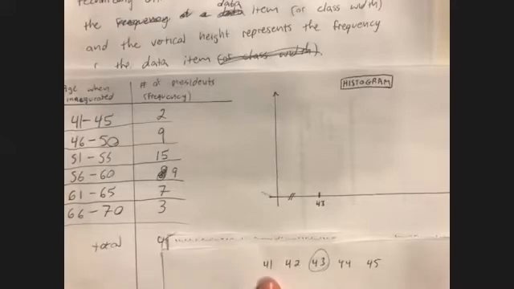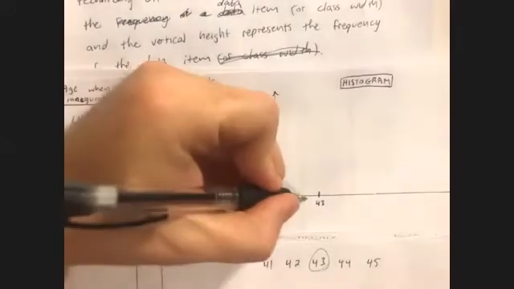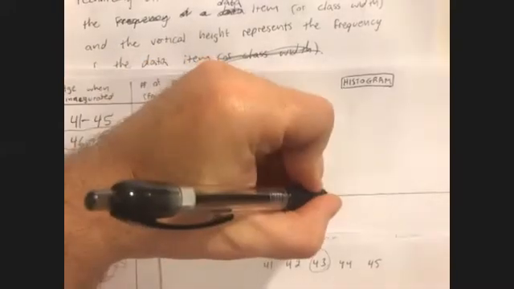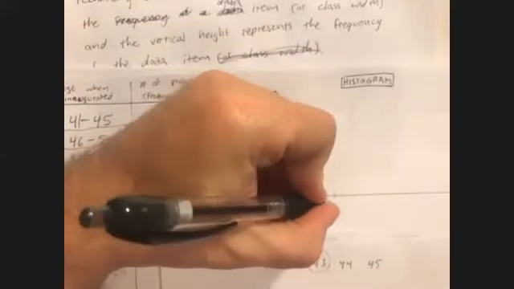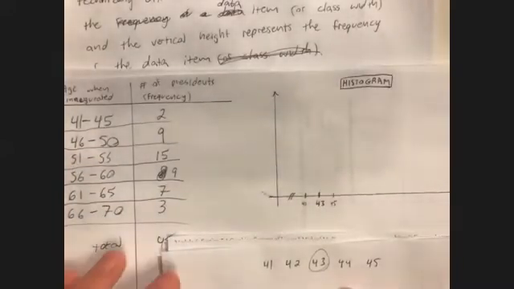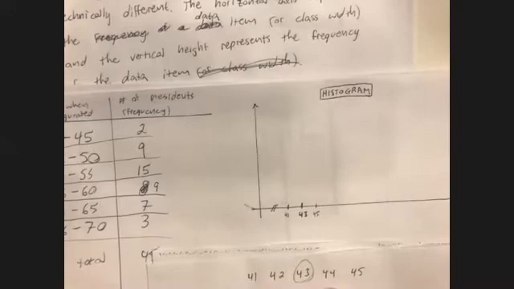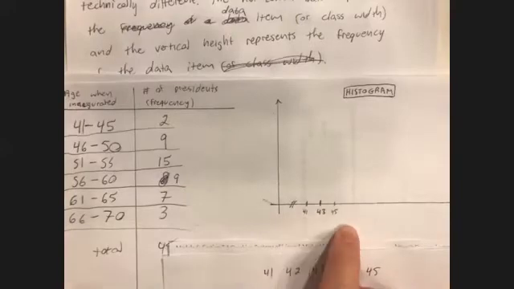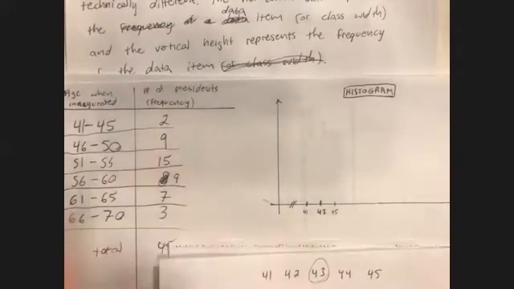And then on each edge, 41 to 45, is going to be the other side of the rectangle. Okay, so let me go ahead and show you this first rectangle. So between 41 to 45, the frequency is 2.